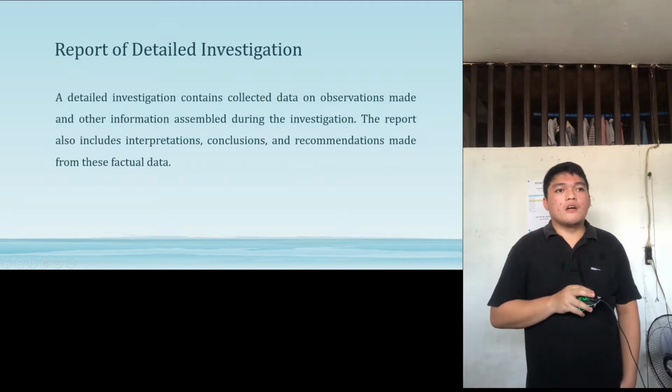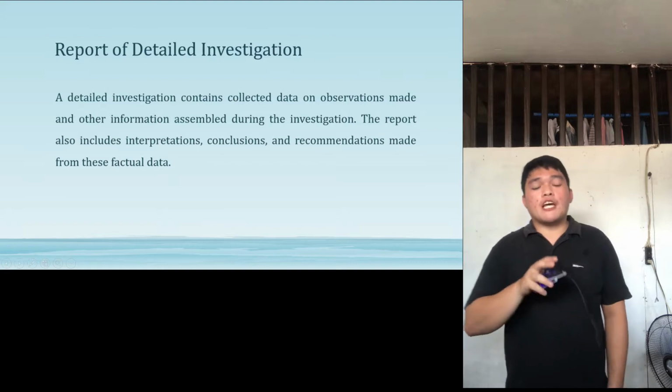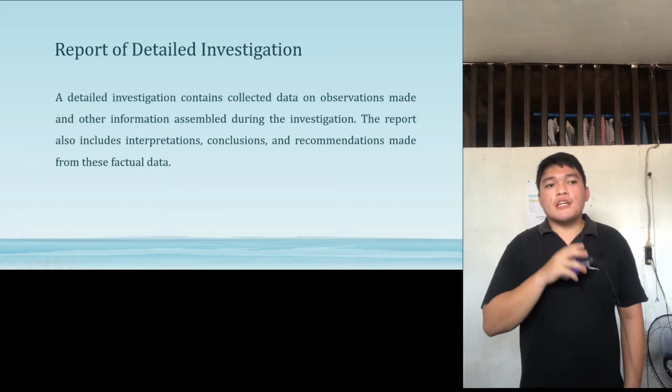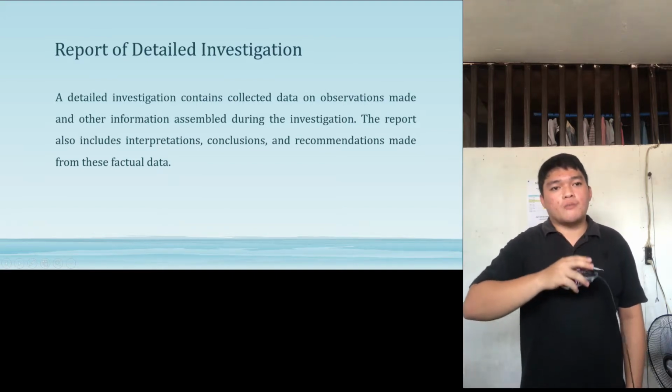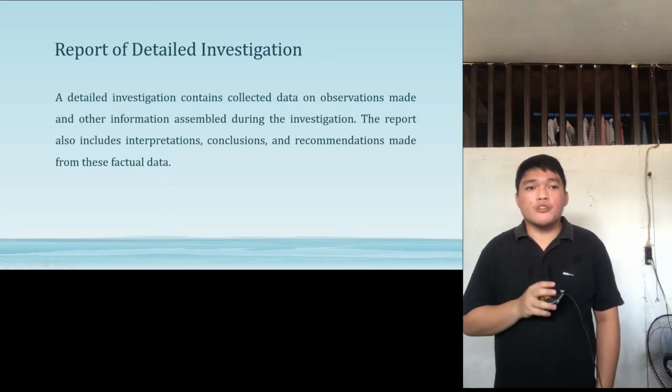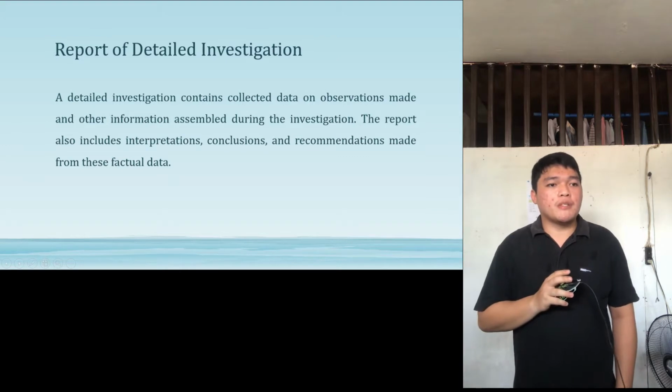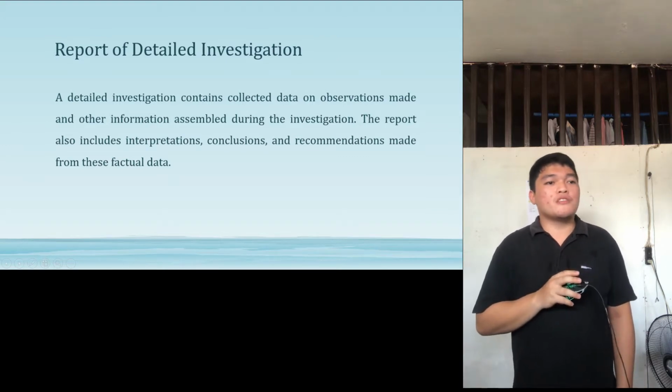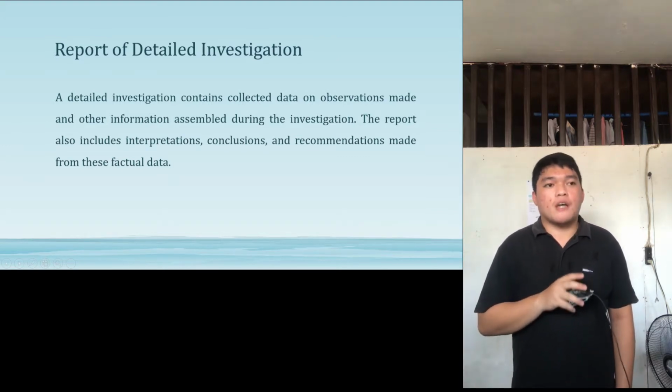So next, report of detailed investigation. A detailed investigation report contains collected data on observations made and other information assembled during the investigation. The report also includes interpretations, conclusions, and recommendations made from this factual data.